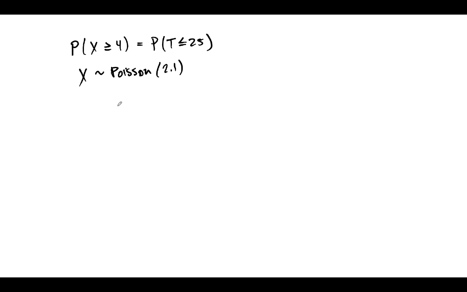This is a good review of our Poisson distribution and how we would solve a problem like this. So P(x greater than or equal to 4). It's been a while since we did this, but the trick is that we don't have a nice cumulative distribution function for Poisson, like we do for most of the continuous distributions.